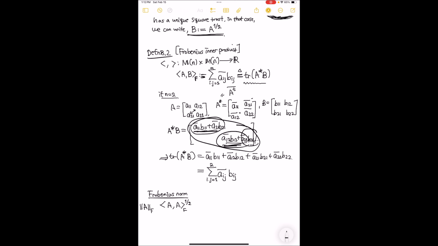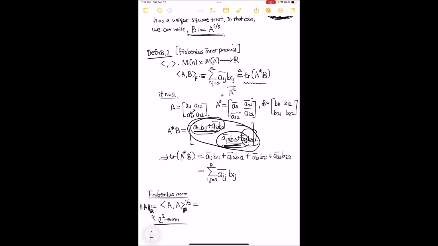Generally the notation is F, but some people write subscript 2, because it is related to the L2 norm. In the discrete case, it is the small l2 norm.